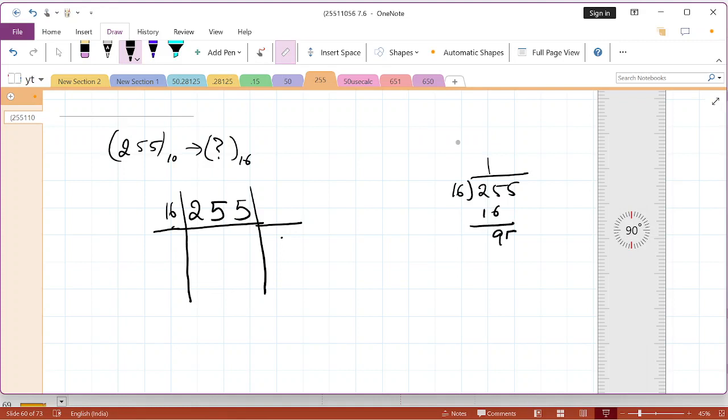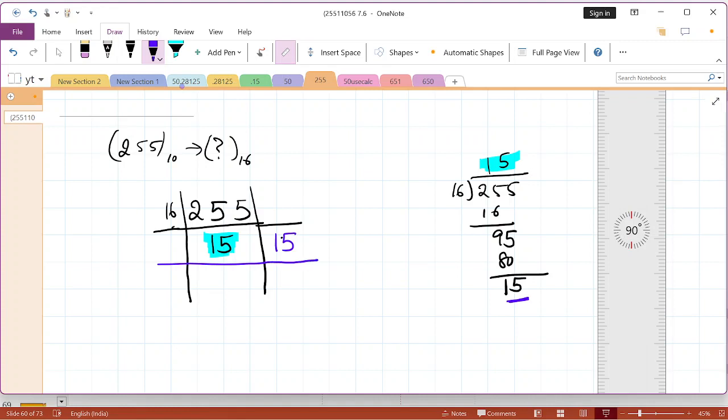So this becomes 16 into 15 is 240 and you are left with remainder 15, right? So we will write the quotient part over here, 15, and write the remainder part over here, 15.